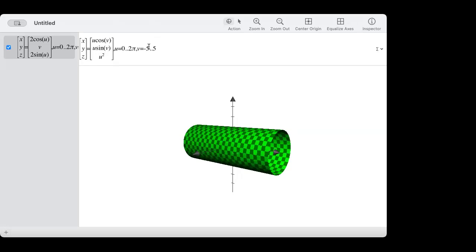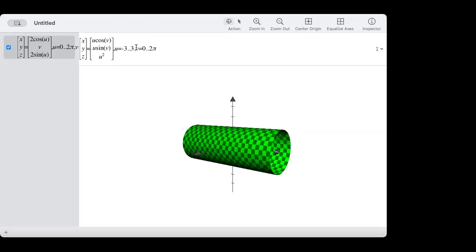This time, u is going to go, say, -3 to 3, and v is going to go 0 to 2 pi, because that's the one for the trig functions, sine and cosine, right? I'll use 0 to 2 pi. As soon as I hit enter, it's going to draw the picture. What is this thing?